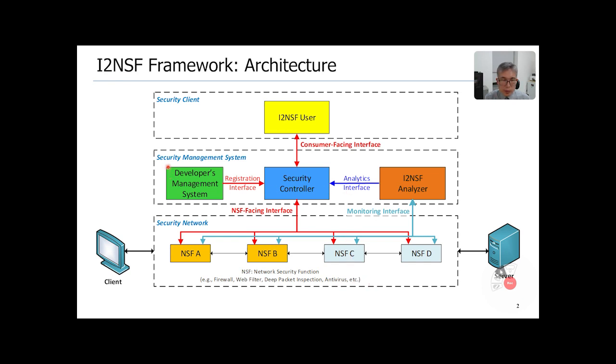In the middle layer, the security management system has a security controller, developers management system or vendors management system, and I2NSF analyzer for data analytics. And the I2NSF user is a dashboard used by the network or security administrator.